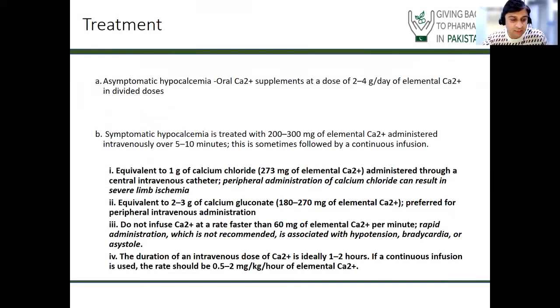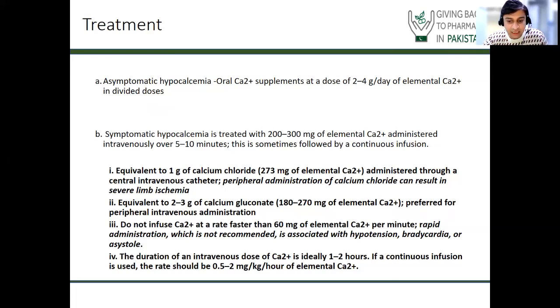So 1 gram of calcium gluconate contains around 91 milligrams, and 1 gram of oral calcium, which is calcium carbonate, contains around 500 milligrams of elemental calcium. So this oral replacement is very effective in patients who are asymptomatic. In symptomatic hypocalcemia, they are treated with 200 to 300 milligrams of elemental calcium.